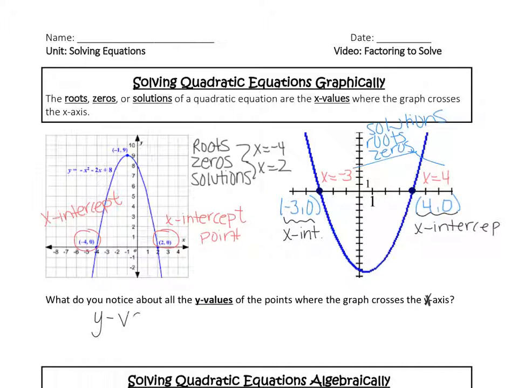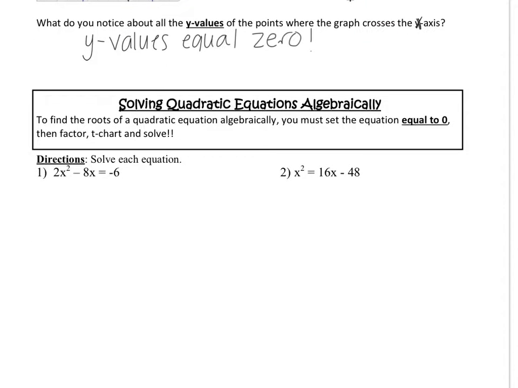The y values equal 0. So this, the y value equals 0, is going to help us when we want to solve quadratic equations algebraically. So to find the roots of the quadratic equation algebraically, we must set the equation equal to 0, then factor, t-chart, and solve.